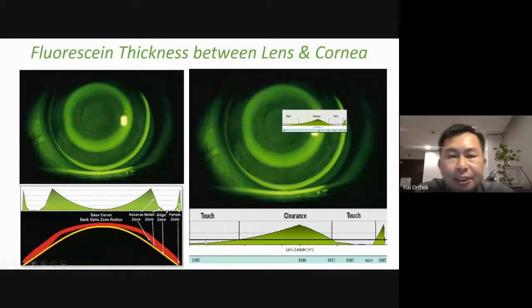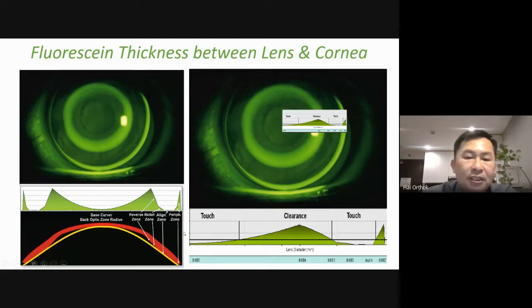And as I mentioned, for long-term use in orthokeratology, practitioners, please focus on the fluorescein thickness. We should create a very good fluorescein pattern like this. It is not only because it is an ideal fitting, but also because there is a good amount of tear under the lens for the safety of the cornea.